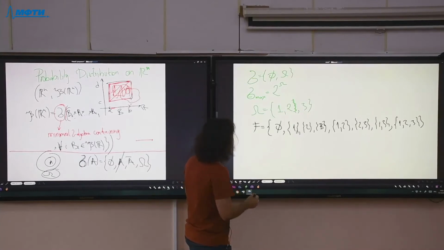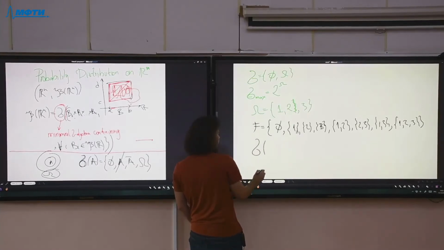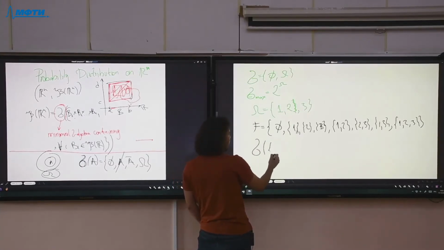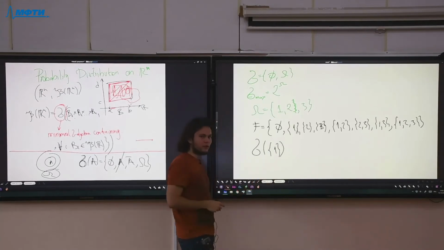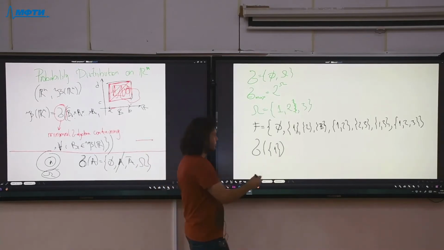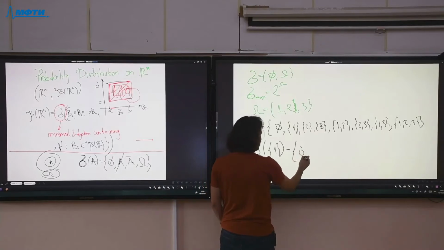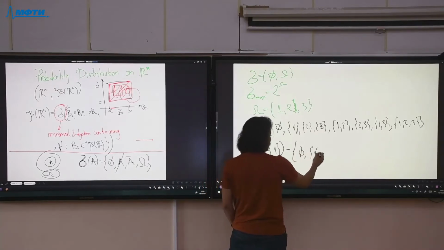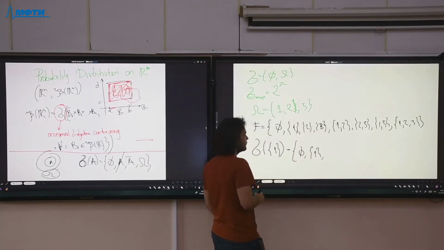Okay, now let's take the minimal sigma algebra containing the singleton of 1.